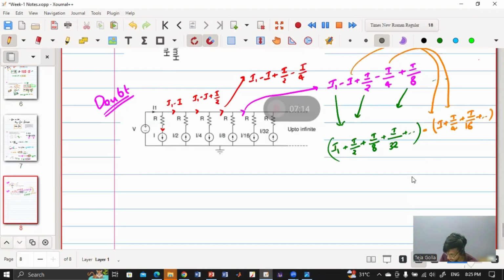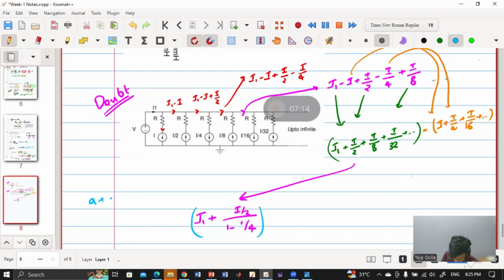So now this one will become I1 plus I by 2 by 1 minus 1 by 4, right? A by 1 minus R, right? Like A plus AR plus AR square and so on. If R is less than 1, this summation is equal to A by 1 minus R. So here A is I by 2 and R is 1 by 4.